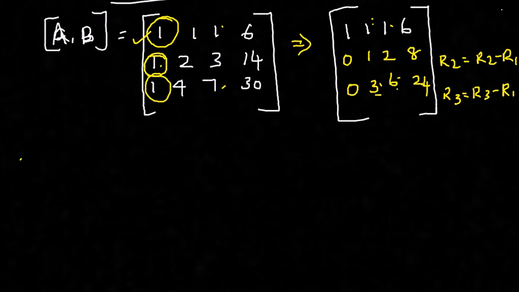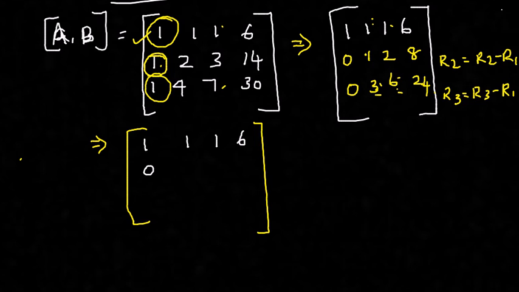If I say R3 is equal to R3 minus 3 times R2, then this entire row will become 0. So let's see how it happens. Let's write the first two rows as it is. We are doing this to make the entire row 0.